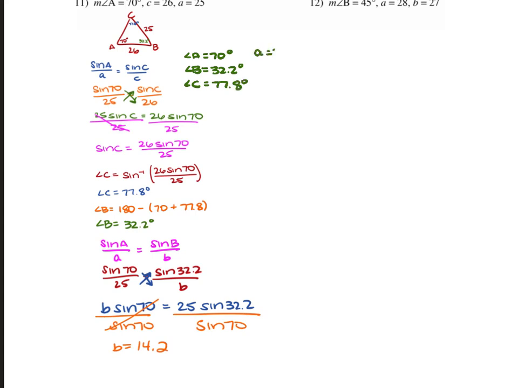Side length A, they gave us 25. B we found to be 14.2. And C, they gave us 26. You guys got to remember, if it's asking you to solve for these triangles, it means you need all 6 parts of it, all 3 angle measurements and all 3 side lengths.